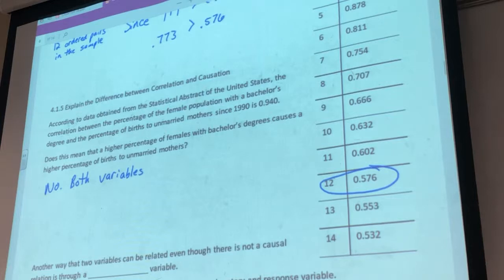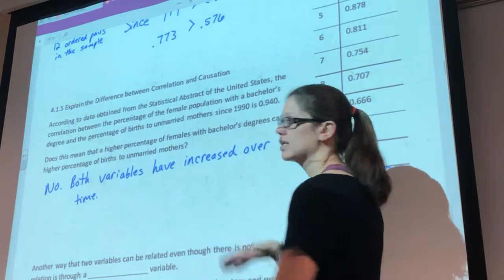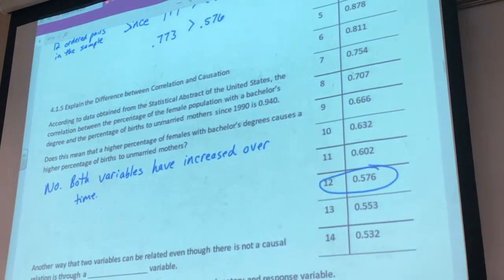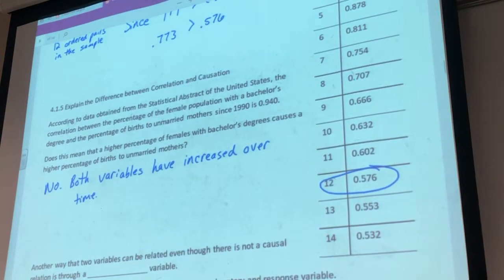Both variables have increased over time. So that's going to be the case with some of these things. You see something that does increase over time. Two different things that both just happen to, time is something that has an effect on both of them.